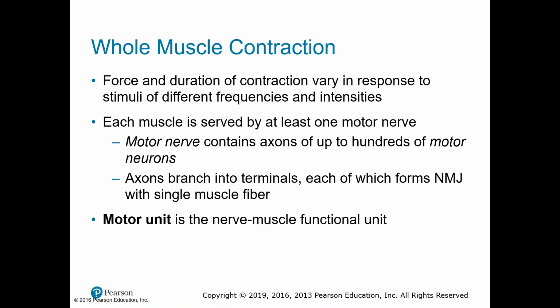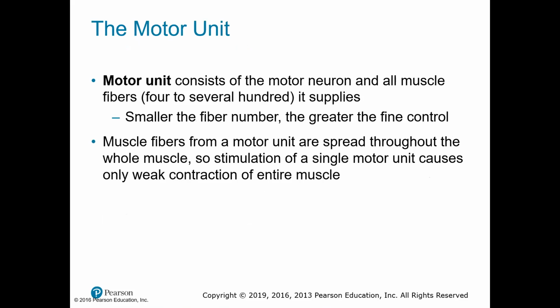Are you using a sledgehammer to drive a nail, or a regular hammer? Are you overdoing it? So the motor unit is the motor nerve and all the muscle cells that are being stimulated by that motor nerve, usually about 300 or 400.